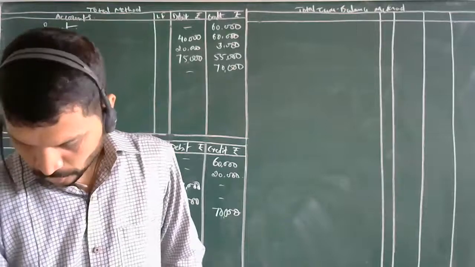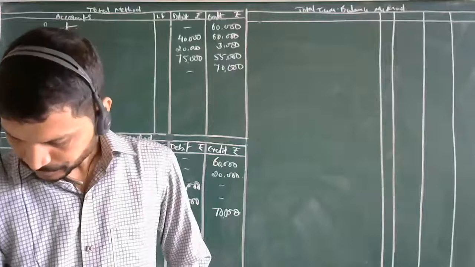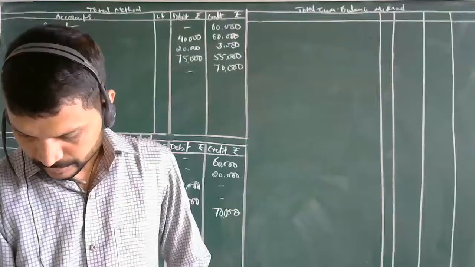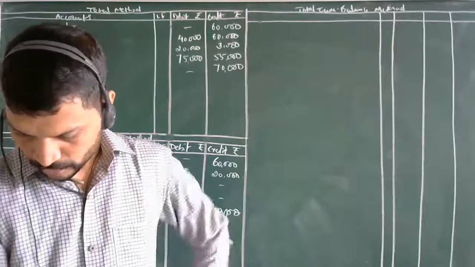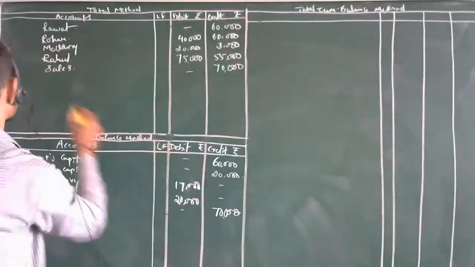See, Rohan, 40,000 is there. Then wages 5,000 is there. Then purchase 12,000 is there in cash. So what will be the total of this? Almost 57,000.